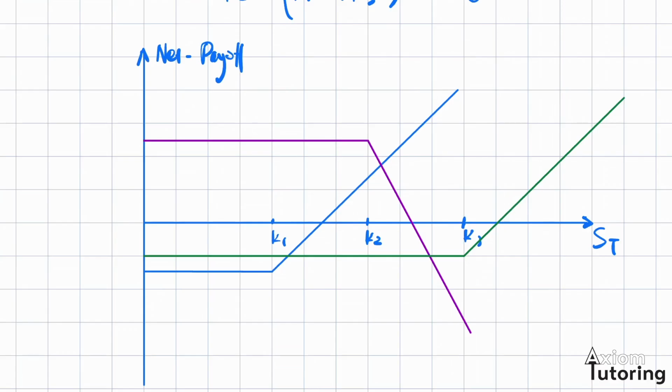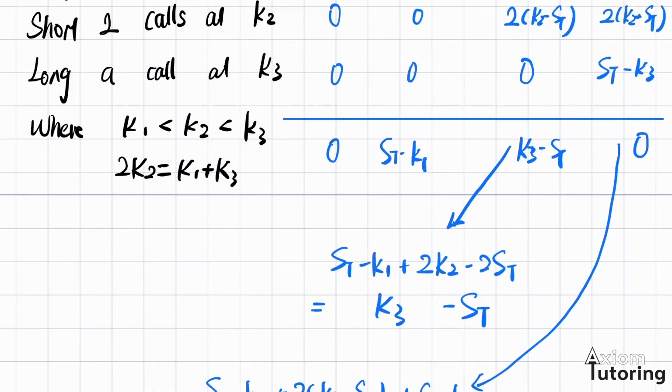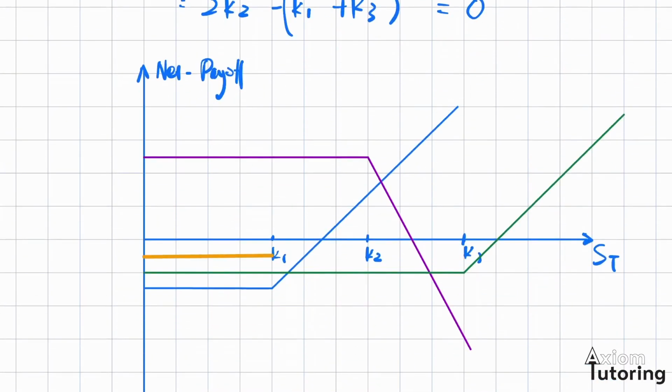Actually, let's make it bold over here. So this will be the first net payoff over here, and then after K1, we would have St minus K1 as our payoff. So we would have this.